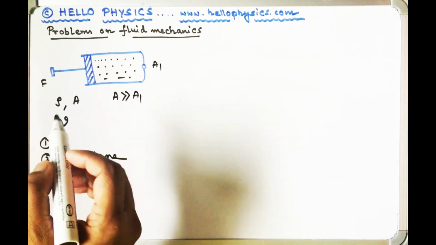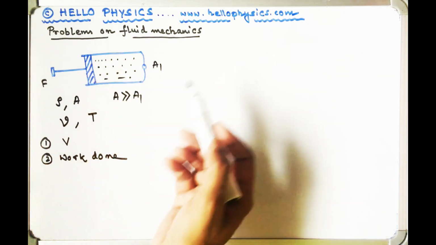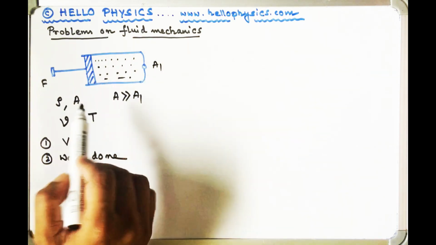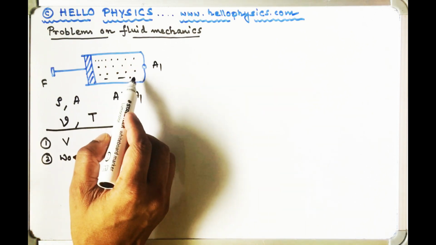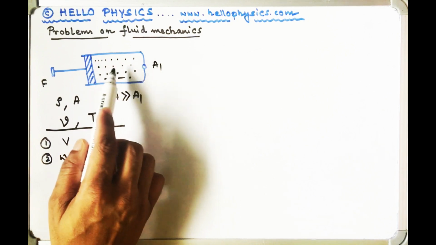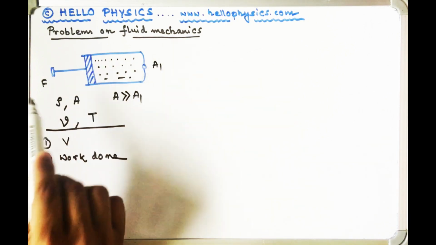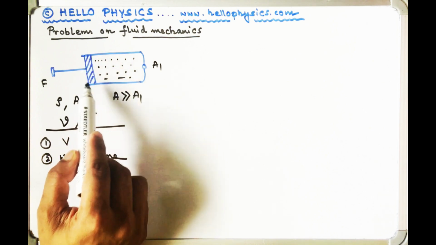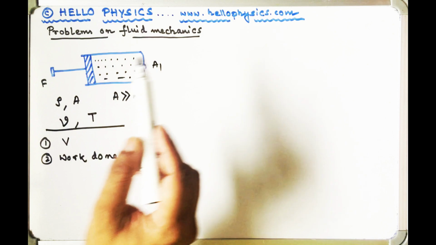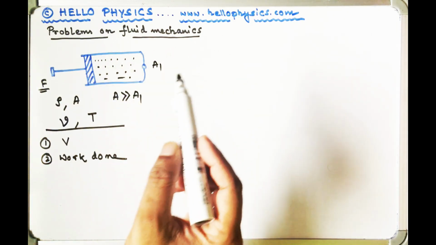Another piece of information that has been given to you is that the total time taken to push this fluid out of the piston is T. So the volume of the fluid is given, and the time taken to push the fluid out of the piston is given, which is T. The density of the fluid is rho, the cross-sectional area of the piston is A, the cross-sectional area of the small hole is A1, and you are applying a force F. This force F is constant.